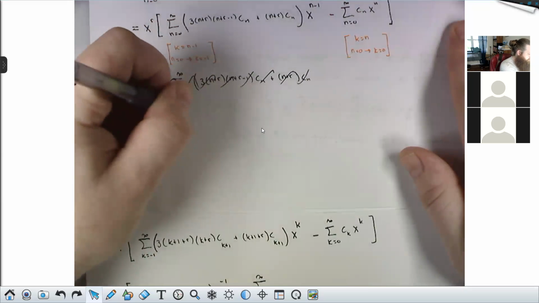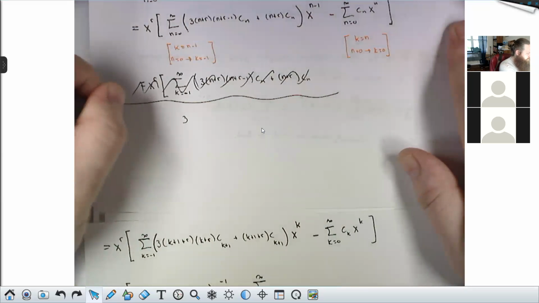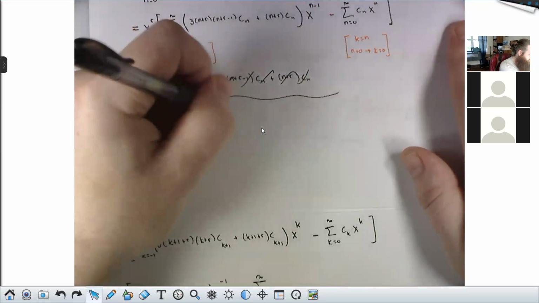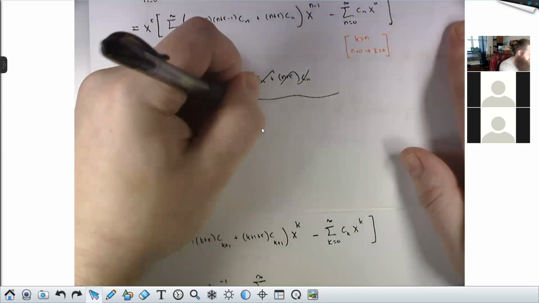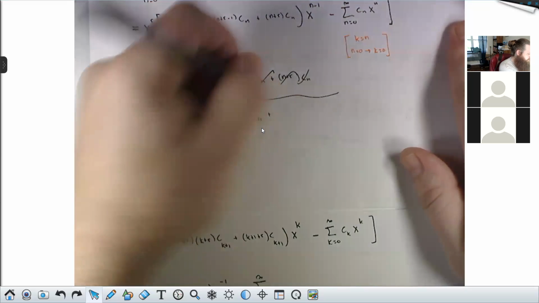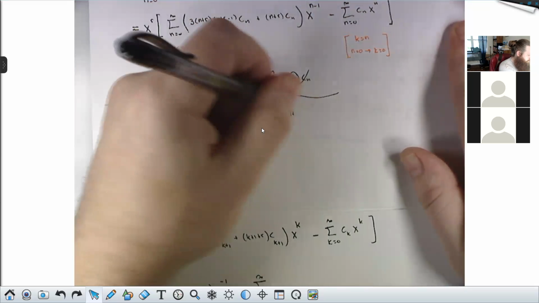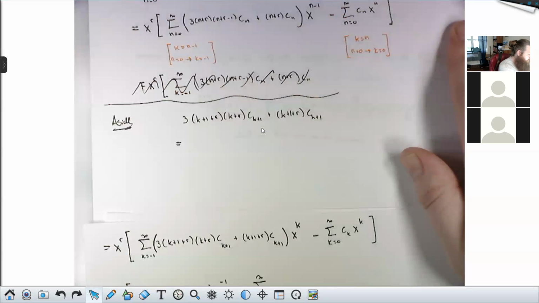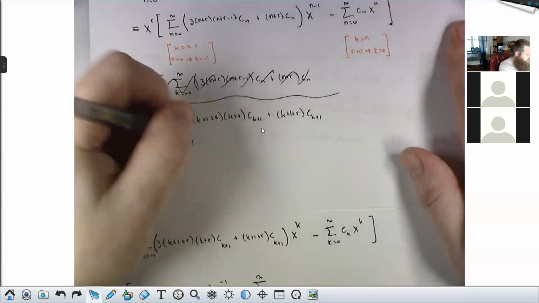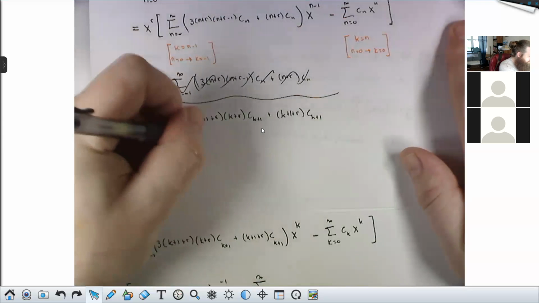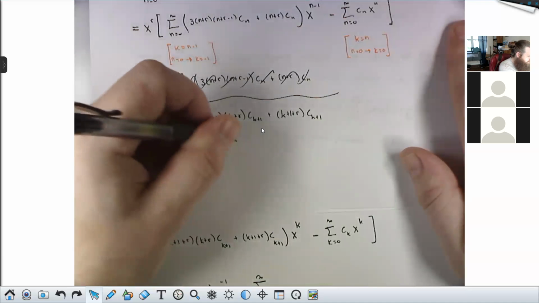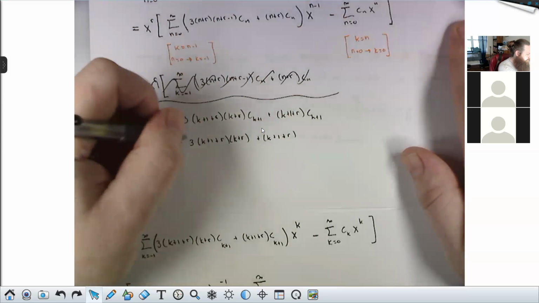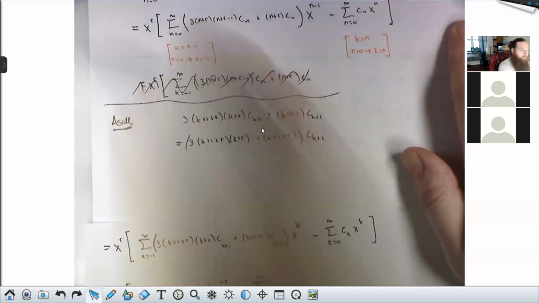So this is an aside. If I have 3 times k plus 1 plus r times k plus r, ck plus 1, plus k plus 1 plus r times ck plus 1, and I factor out the ck plus 1, I'll have 3 times k plus 1 plus r times k plus r, plus k plus 1 plus r, times ck plus 1.